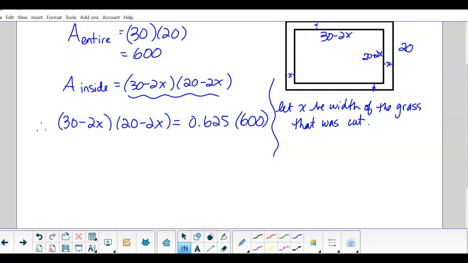So now expand, get everything on one side, and solve that quadratic. It's not a question where you're maximizing or minimizing the area. You're told what the area has to be. So it's a solving question.